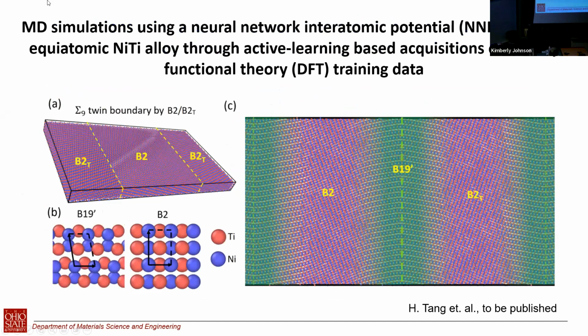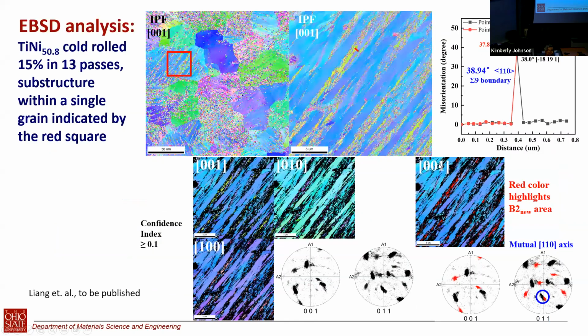We did MD simulation, and you can see if you create these twin boundaries in austenite and then relax it, the B19 prime automatically appears. If you create a high density of twins, it's very easy to do. We do cold rolling of the B2 austenite, and you create a high density of twins.